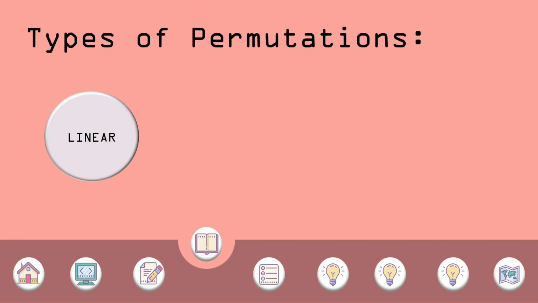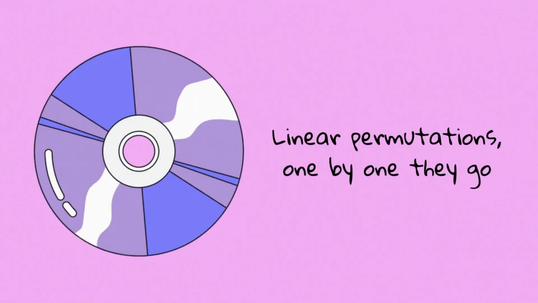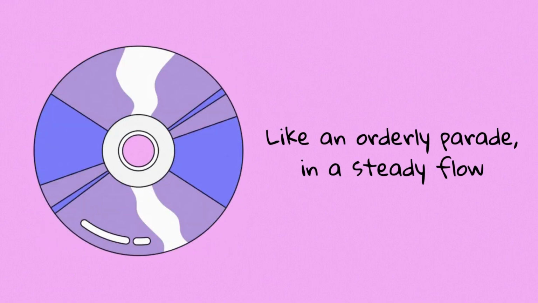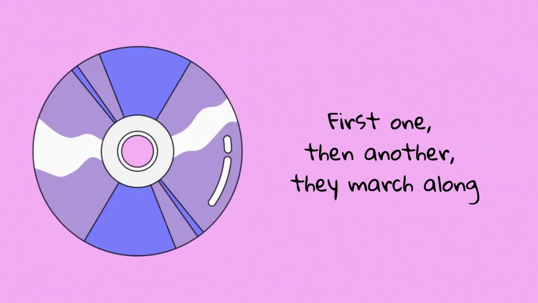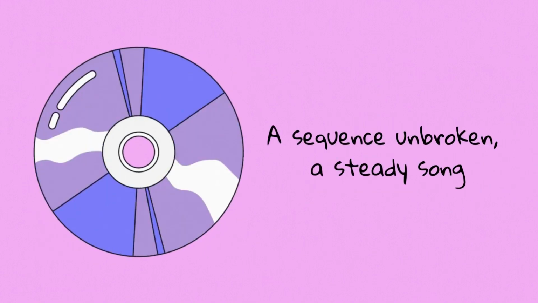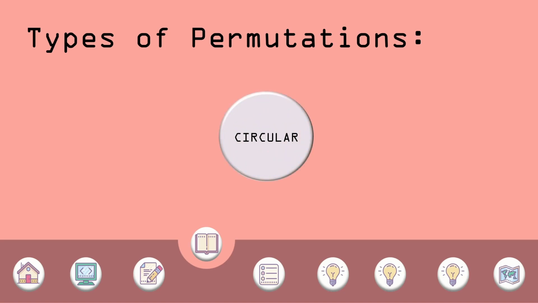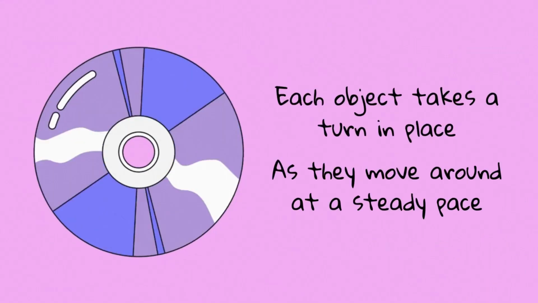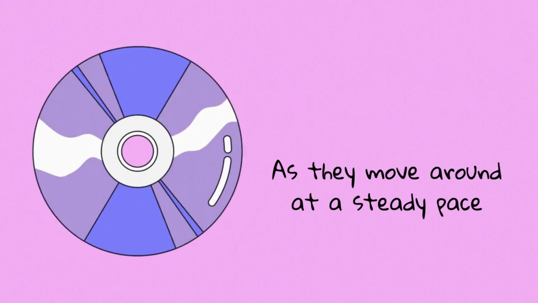Now, I will introduce you to the types of permutations, which are the linear permutations, one by one they go, like an orderly parade in a steady flow. First one, then another, they march along, a sequence unbroken, a steady song. Circular, and each object takes a turn in place as they move around at a steady pace.